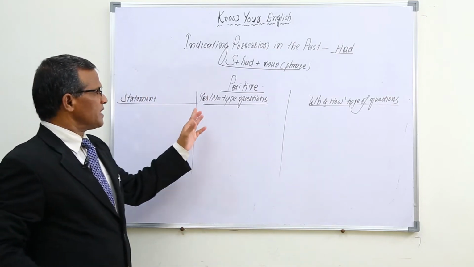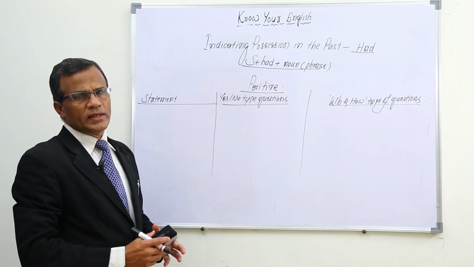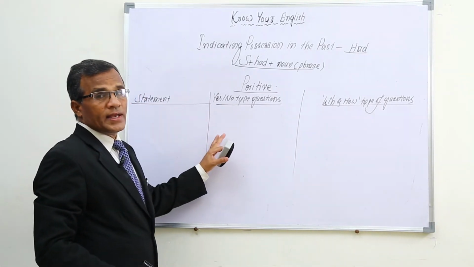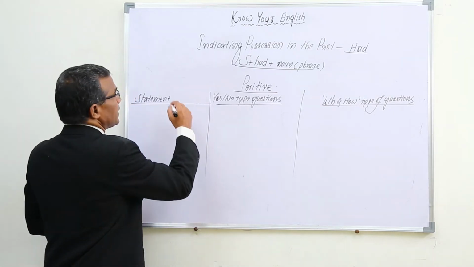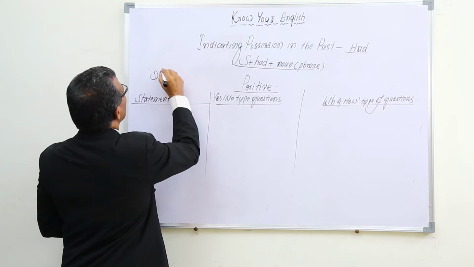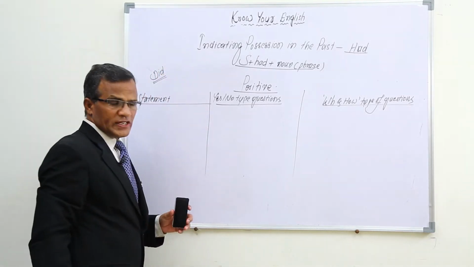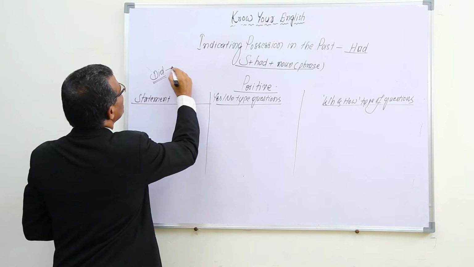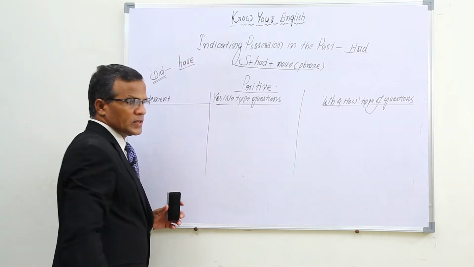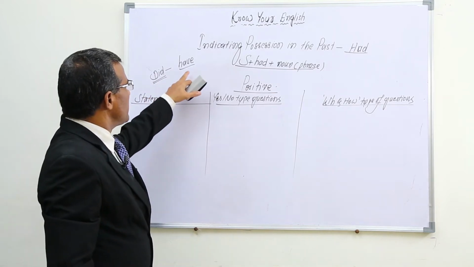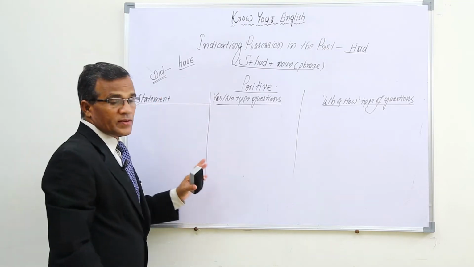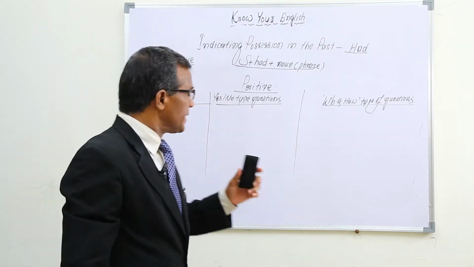Before framing these questions, one thing we have to keep in mind: to make questions and negative sentences, we have to take did as the helping verb, and after that instead of had we have to take only have.